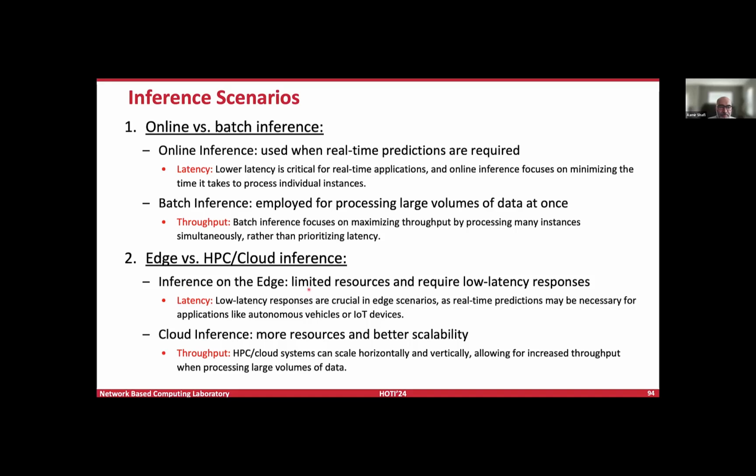Another interesting aspect of inference is that we don't necessarily do inference on HPC systems or very powerful systems. We could do that, but typically we engage in cloud inference, for example. We have resources, and we are looking for better scalability. However, inference also happens on edge systems. For example, WhatsApp is installed on whatever phone device you have in your hands.